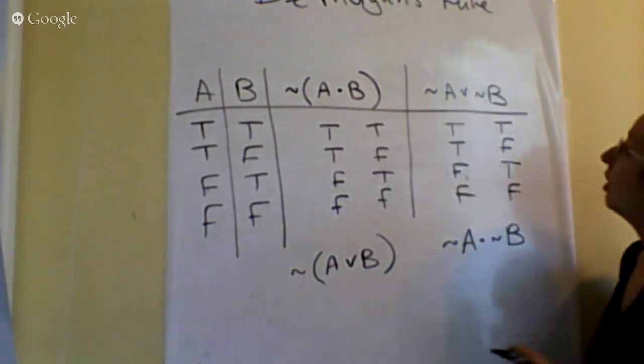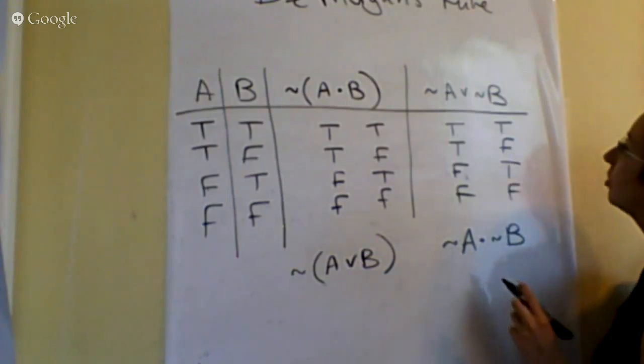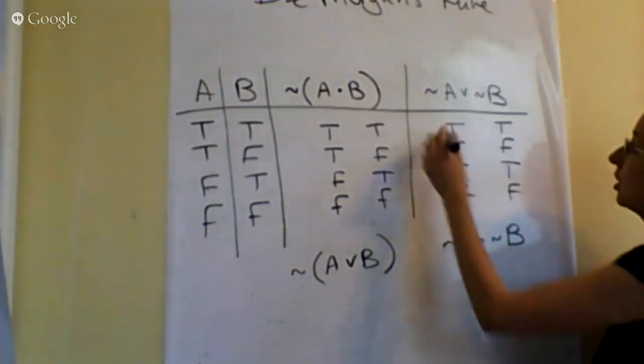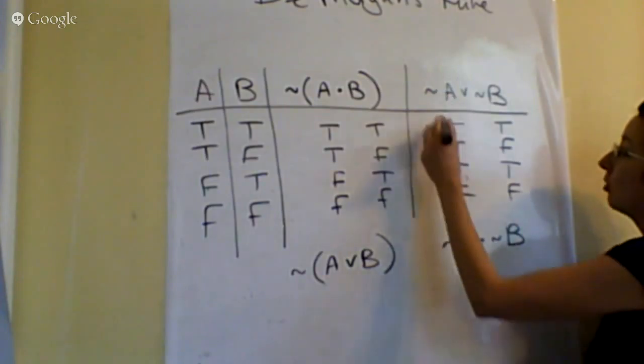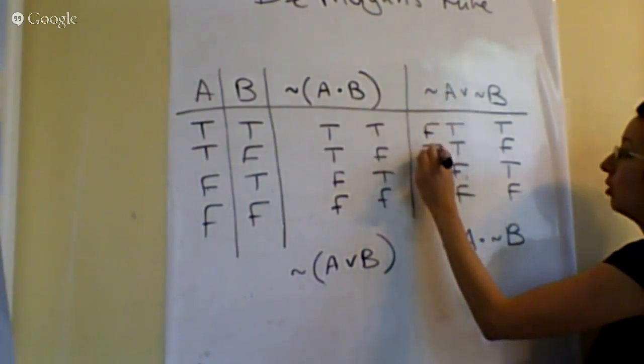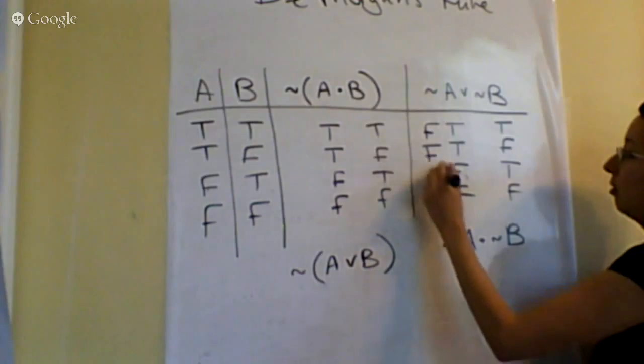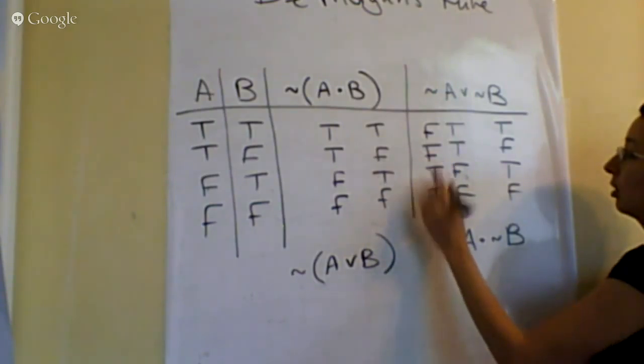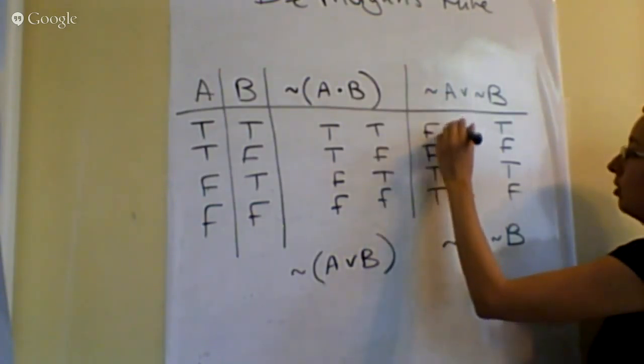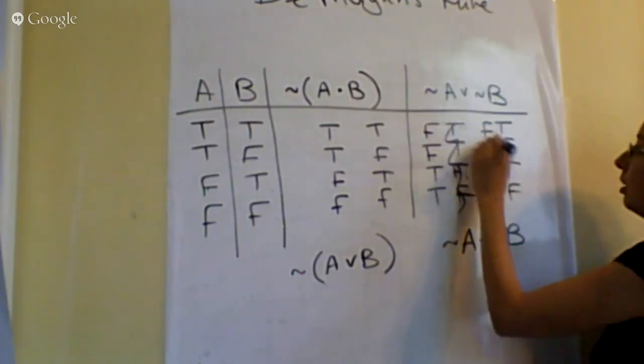This is just the next step. We're going to apply all our negations, and the negation just reverses whatever truth value we have. We're going to cross out the old ones to avoid confusion.